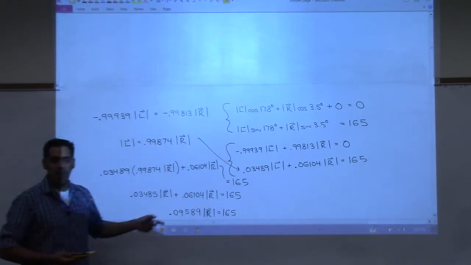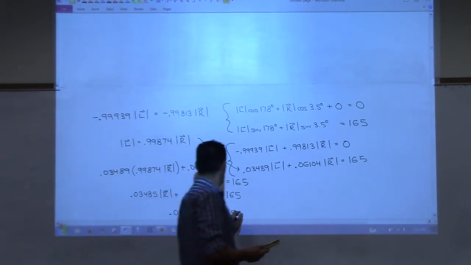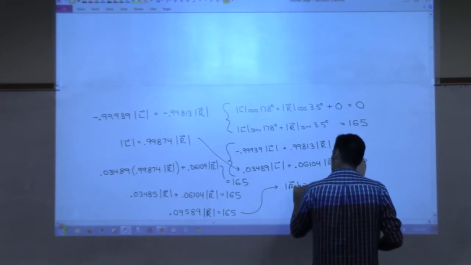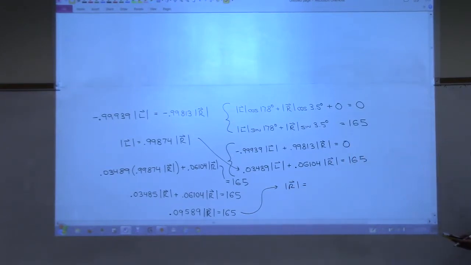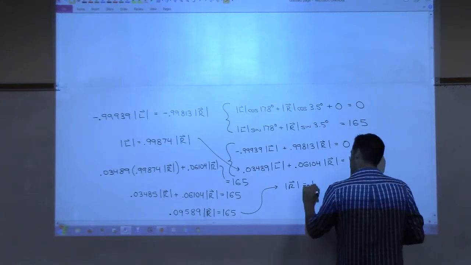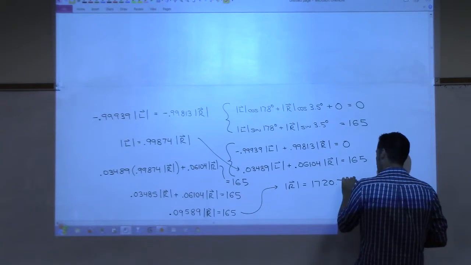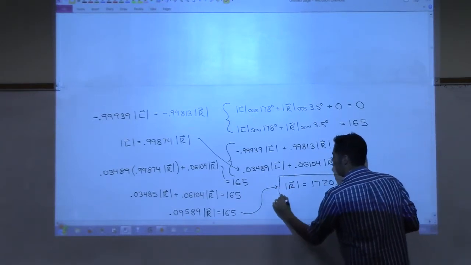So now divide both sides. So you get magnitude of R is some crazy number, 1720.7. Oh, I forgot the 0.9. It's all right. Close enough. We've rounded quite a bit.